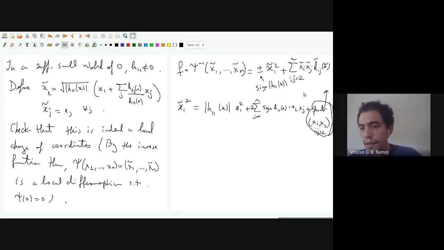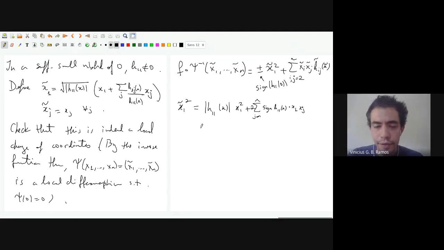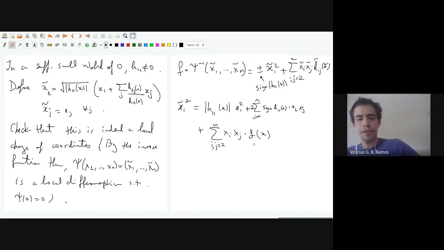So what I'm claiming is that it's this plus the sum of xi xj times some function of x, call it h bar, but with i and j going from 2 to n.